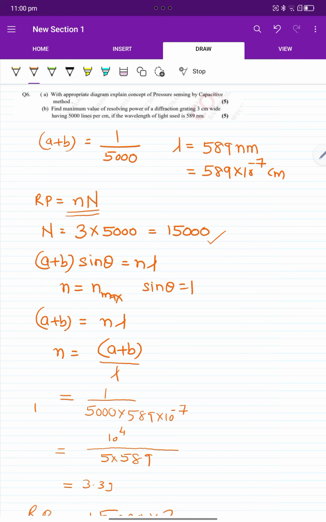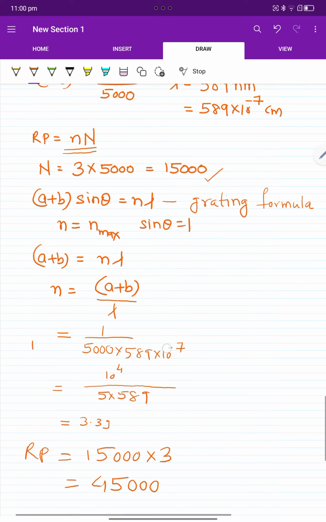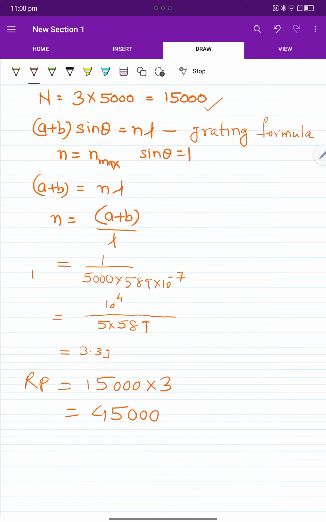Using the grating formula (a plus b) sine theta equals n lambda, and substituting the details for maximum order, sine theta becomes 1. We'll get the value of n as 3.39, and from this the resolving power will be 15,000 multiplied by 3.